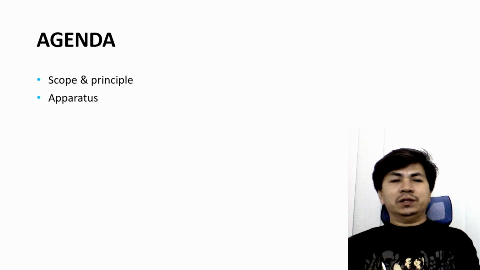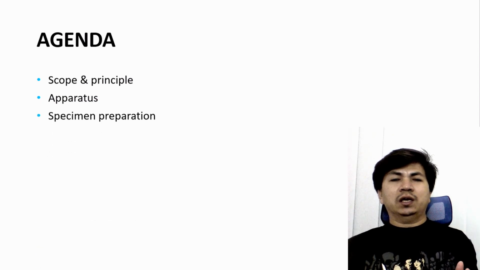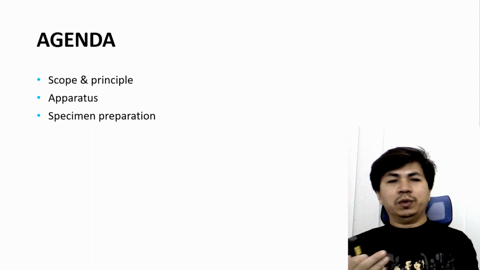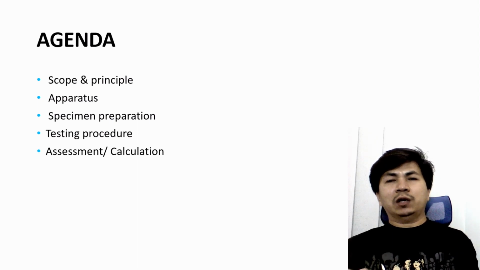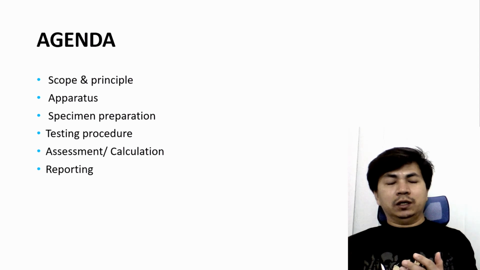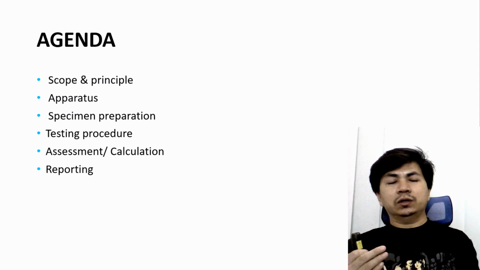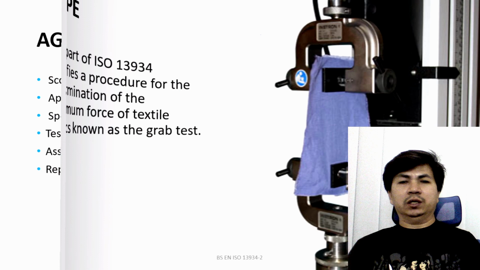Scope and principle first, and what type of machinery is required to conduct this test, then specimen preparation, how to prepare the specimen for conducting this test, and testing procedure, and assessment and calculation, how to calculate and how to state the result precisely. Finally, reporting, what the content of the report will be, that we will also discuss in this session.